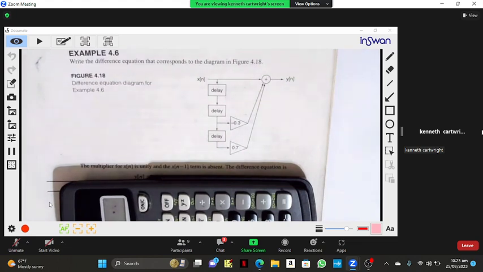The output is the sum of three things. Did you see my answer? Yes, I did.